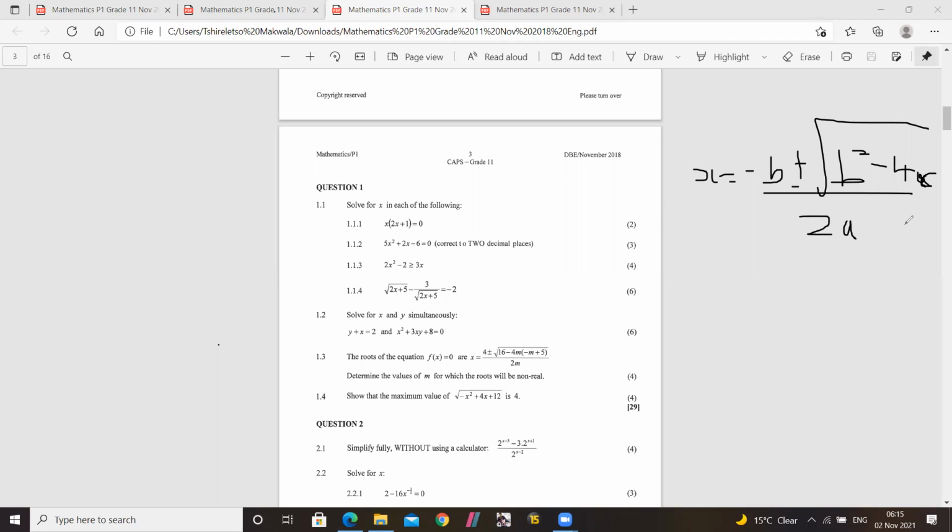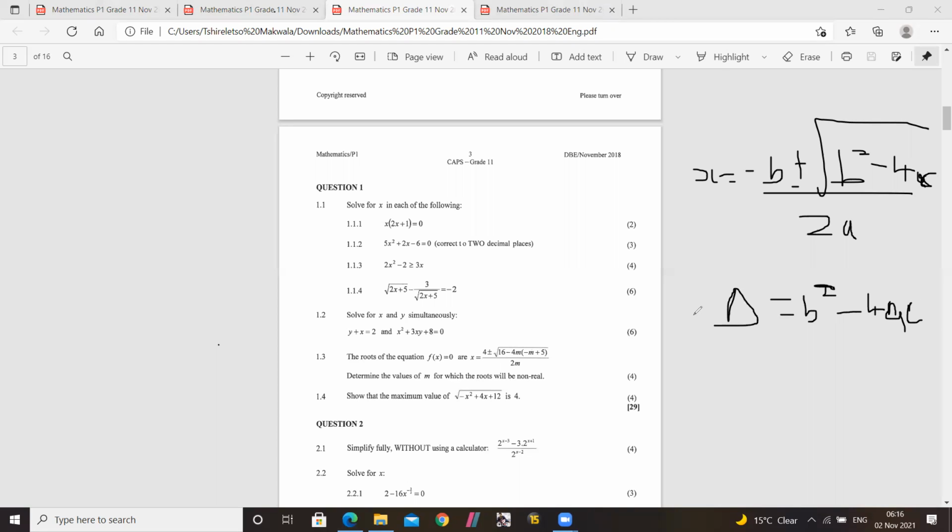Good. Do we agree that delta is equal to b squared minus 4ac? Okay, now let me explain what nature of the roots are.